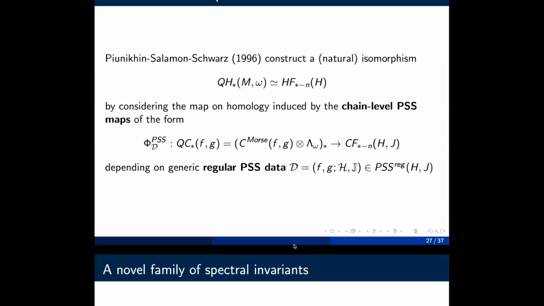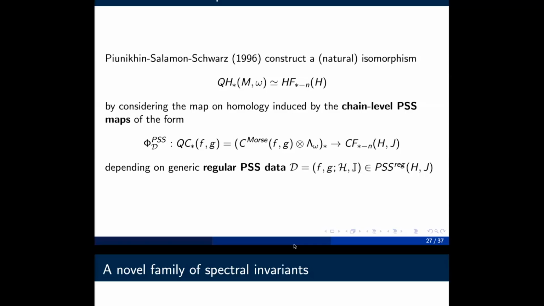To see where some point in the Morse complex associated with F and G goes, you do some count of these perturbed holomorphic disks that pass through the unstable manifold of P at the origin.